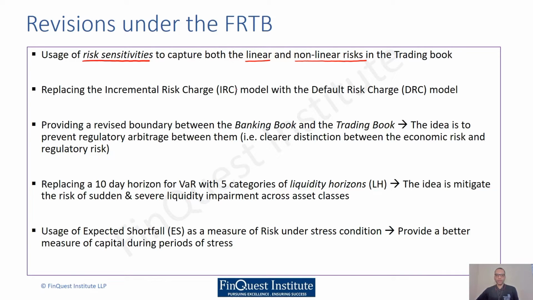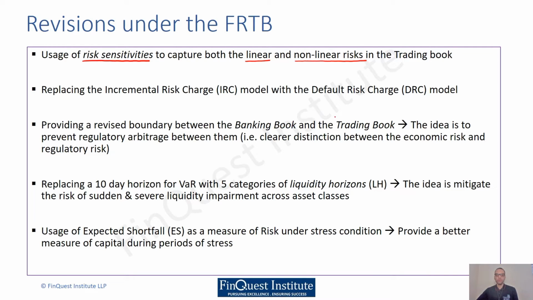Also, currently, we are sticking to the IRC idea. The current guideline talks about the incremental risk charge. Now, the proposal under FRTB is to replace the IRC with the default risk charge, or the DRC model. Also, there is a revision which is defined between a banking book and a trading book.